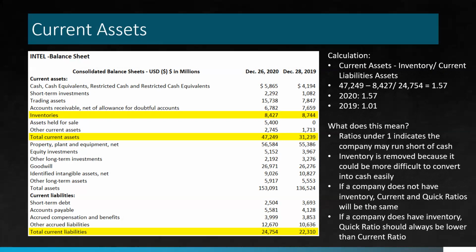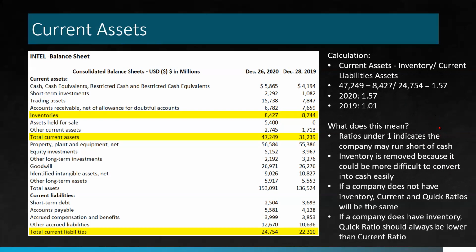So you want to just look at a really quick glimpse of what the current ratio or quick ratio would be without including inventory. In 2020, Intel had a quick ratio of 1.57, and in 2019 it was 1.01, which means it's getting better.